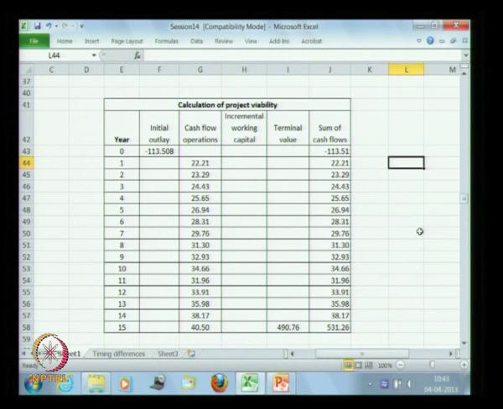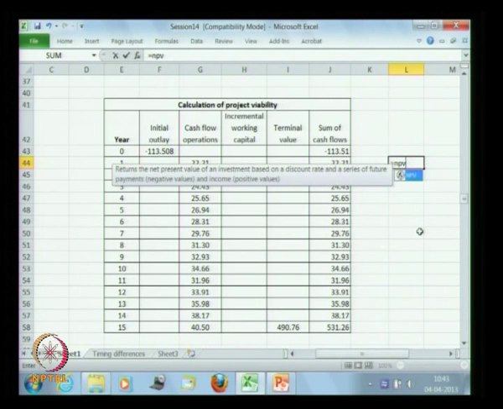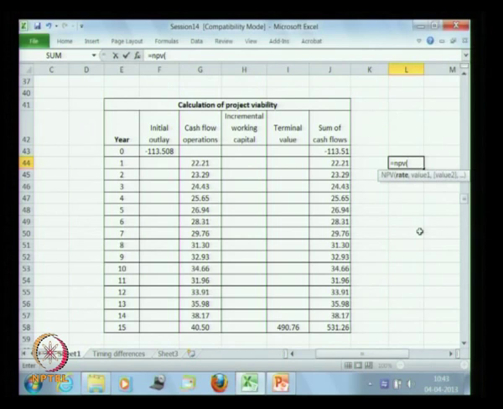I am going to use the net present value function available in Microsoft Excel, NPV, and then the rate at which we need to discount it, which is your weighted average cost of capital, 12%, and then we take all the cash flows of the project right from year 0.